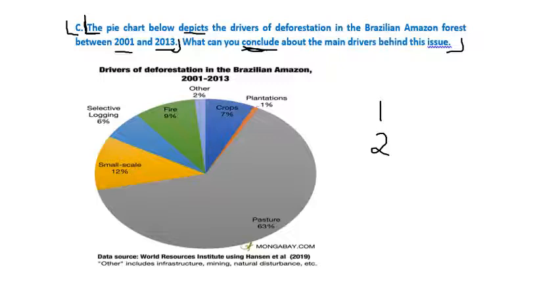You look at the numbers. We notice that the highest reason behind Amazon depletion is pasture or cattle raising like cows, sheep, etc. at 63%, followed by small-scale farming, 12%, fires, meaning forest fires, then crops. Crops are plants that we eat like soya.